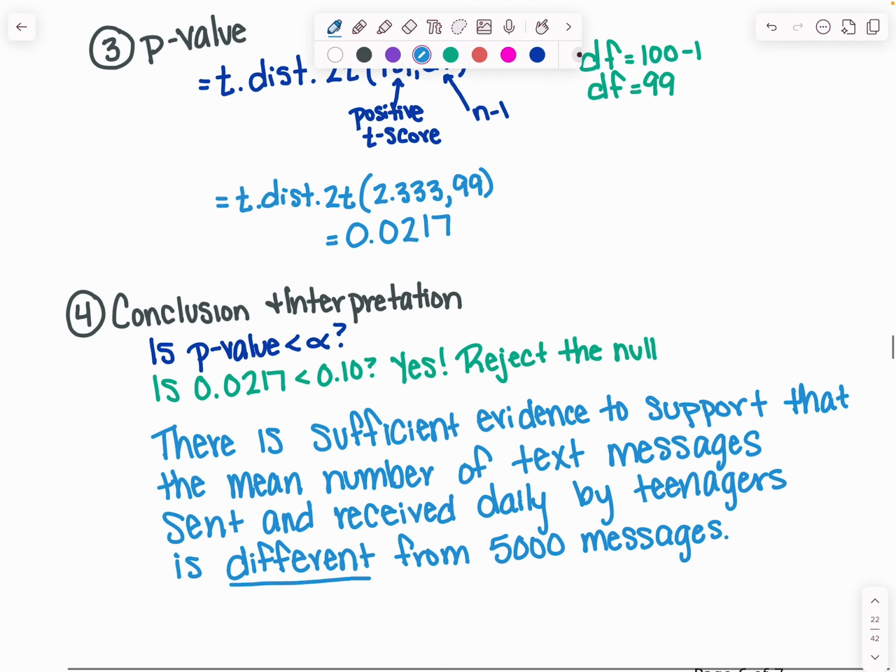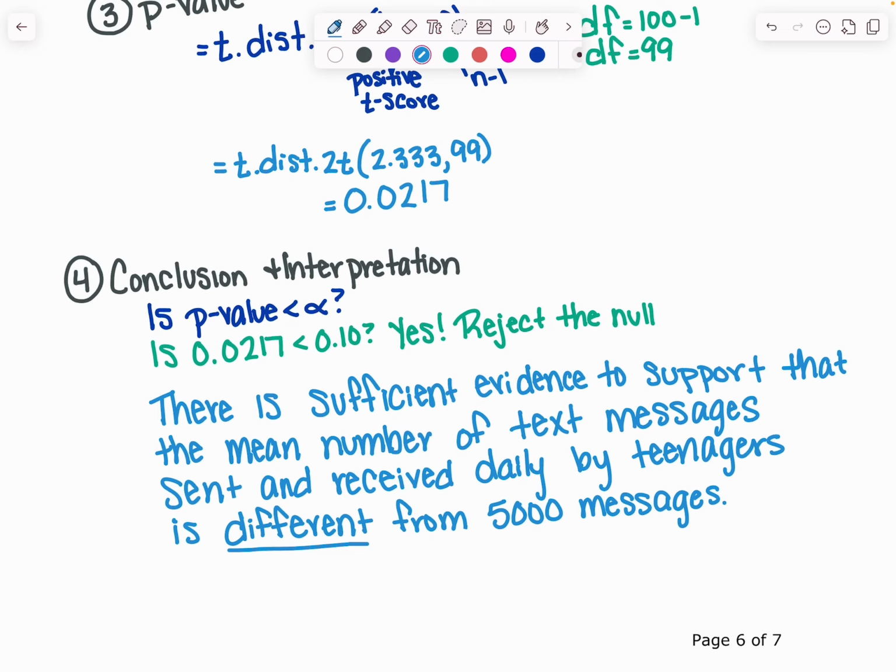So when I do my conclusion and my interpretation, all I can say is that we can support that the mean number of text messages is different from 5,000 messages a day. We cannot say it's greater than, even though the sample mean was bigger than 5,000. All we can say is different. So that is how you do a hypothesis test for means when the alternative is two-tailed.